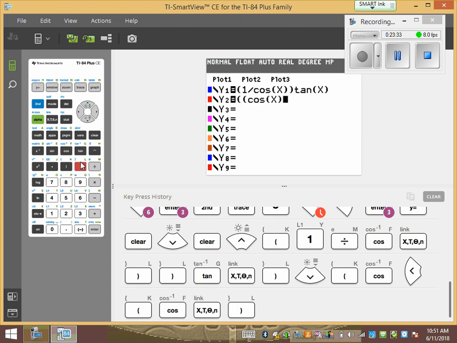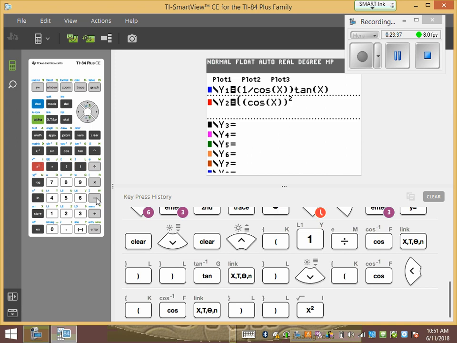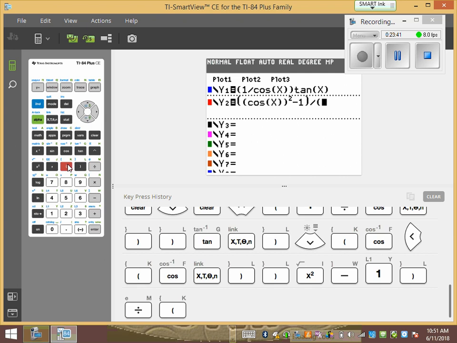Cos x squared minus 1 close bracket, because my numerator needs to be in a bracket, divided by open bracket sine x. So when you have more than one term, you should be typing it into your calculator in brackets. If you're not typing it into your calculator, that's weird, because this is your practice for the diploma.